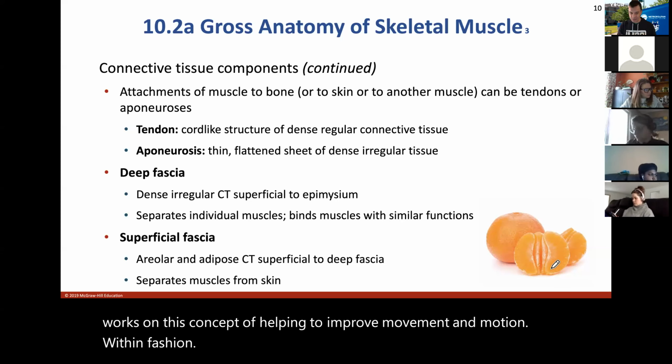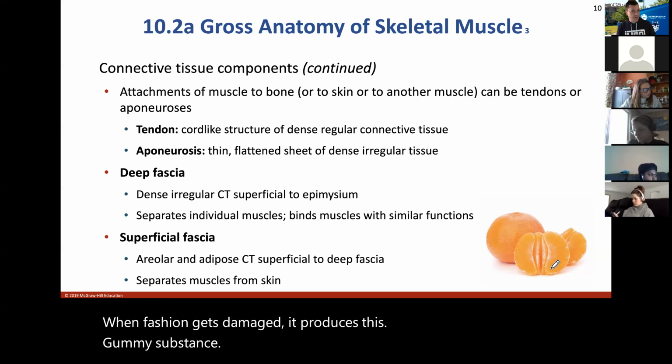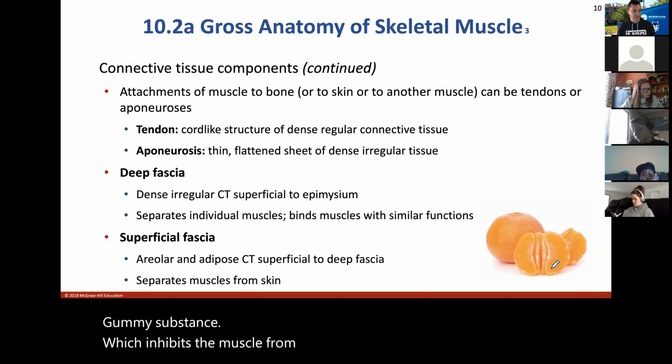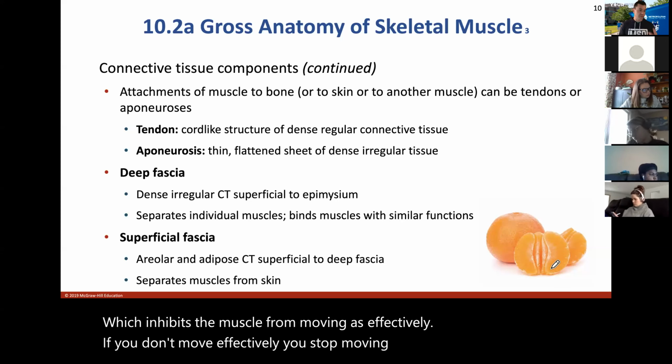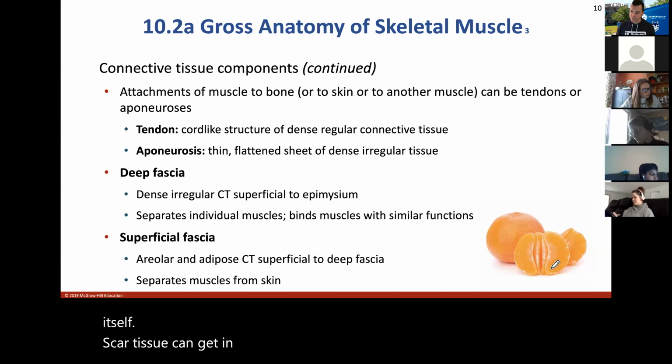When fascia gets damaged, it produces this gummy substance, which inhibits the muscle from moving as effectively. And if you don't move effectively, you stop moving so your body can repair itself. Scar tissue can get in there pretty easily.